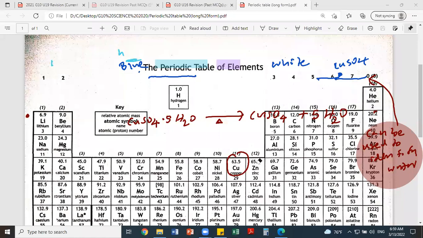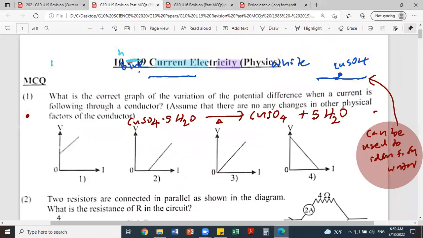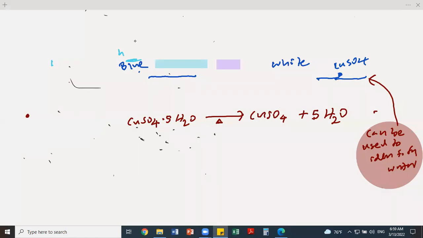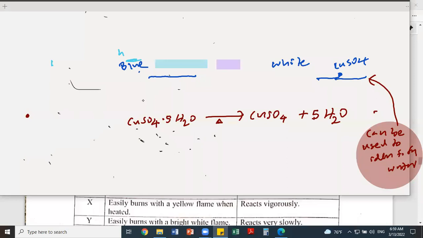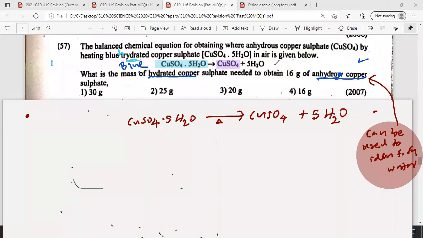So I'll erase this. Let's move back to the paper again. Now how to do this? Please write, everyone: copper 63.5. That should be given, otherwise no free marks. They will have to give free marks in the exam.